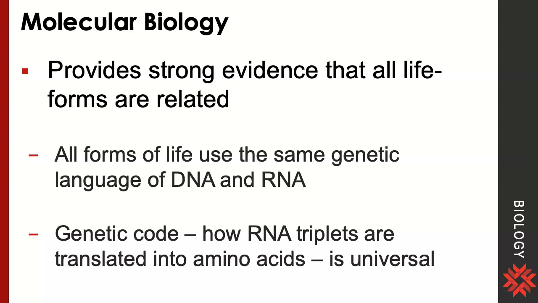They all read the same sequence of nucleotides and plug in the same amino acid. Because they're all speaking that same molecular language, it means that we all got it from somewhere. We're probably all closely related to one another, and we all have this same molecular basis because of our common ancestor.